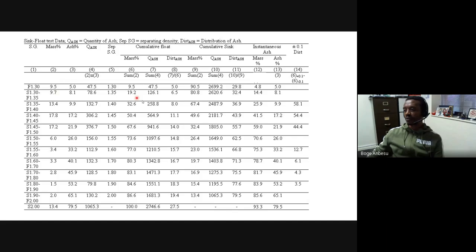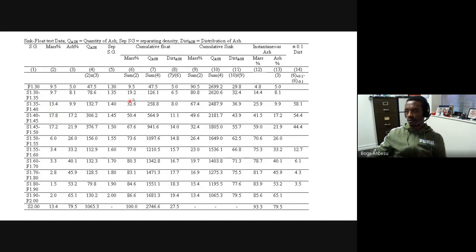Okay, and what's the next one? The next one is at 1.4. So this is again 32.6, obtained by adding 9.5, 9.7, 13.4 will give me the cumulative, which is 32.6. And we can go the same. So 50.4 is obtained by adding these four, 9.5, 9.7, 13, and 17.8.